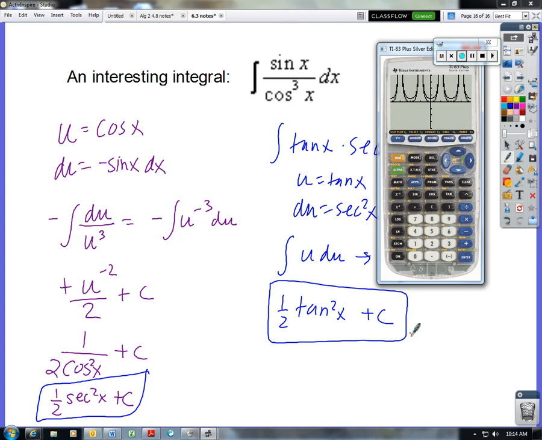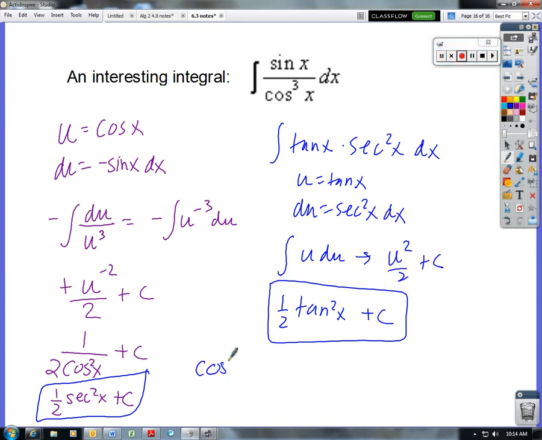It's kind of cool. Now there's another thing you could think about that I mentioned earlier. Is there an identity that relates these two? Well, there is one, and I don't have it memorized. I always derive it. It comes from the Pythagorean identity. And because I want to deal with tangent, tangent is sine over cosine, so I need to divide everything by cosine squared, which is beautiful because this happens to be secant squared here, right?